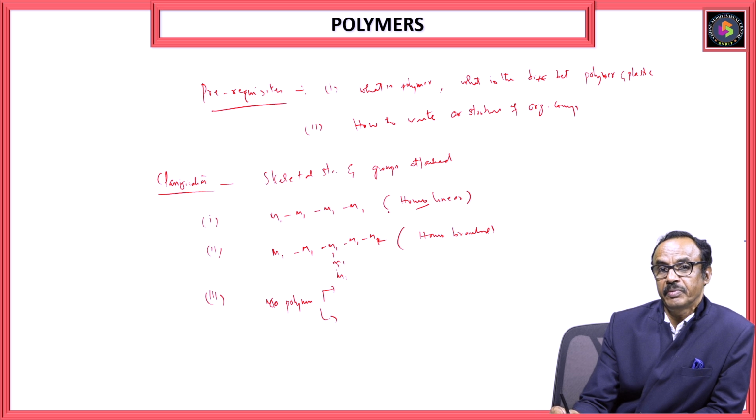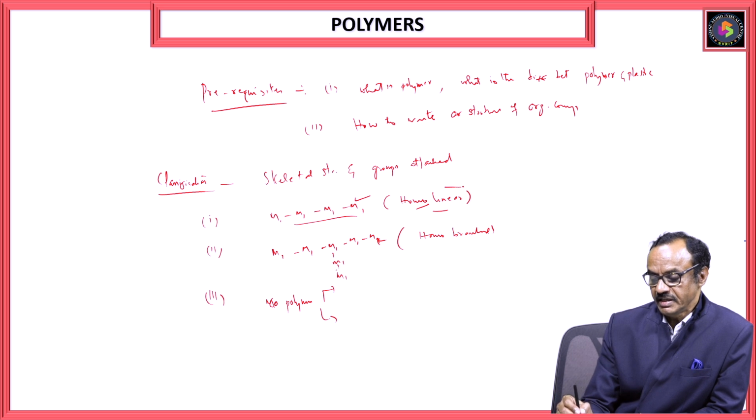If the polymer is a straight linear chain consisting of identical monomers, it is called homolinear polymer. If the polymer consists of branch as well as main chain, both made up of identical monomers, it is called homo-branched.